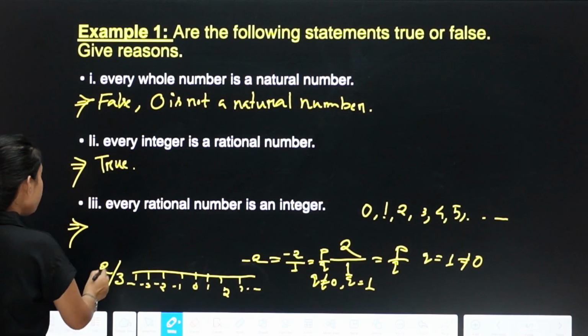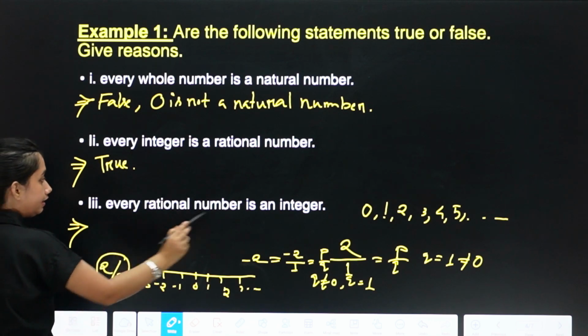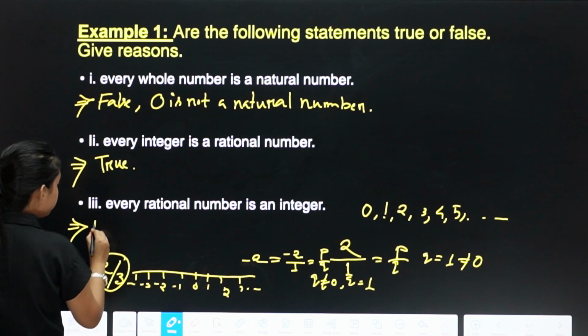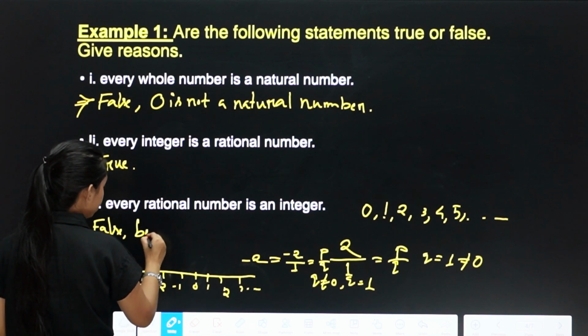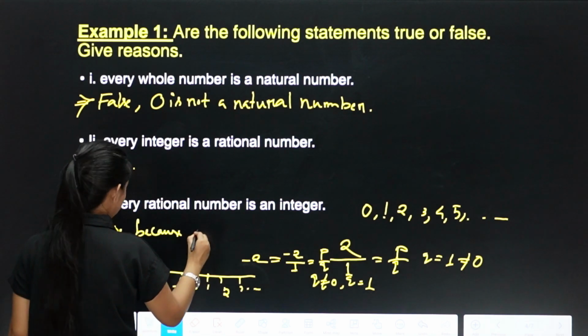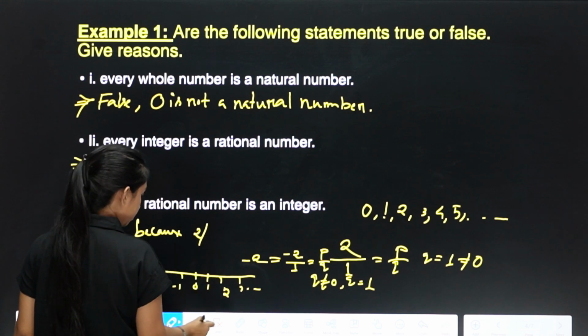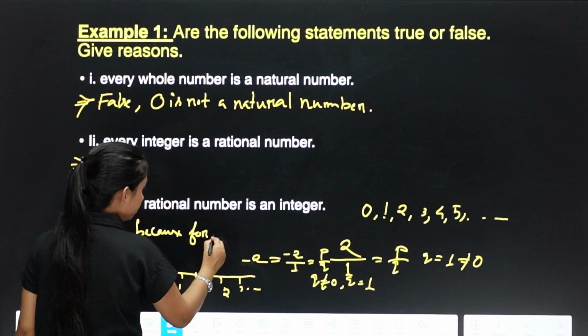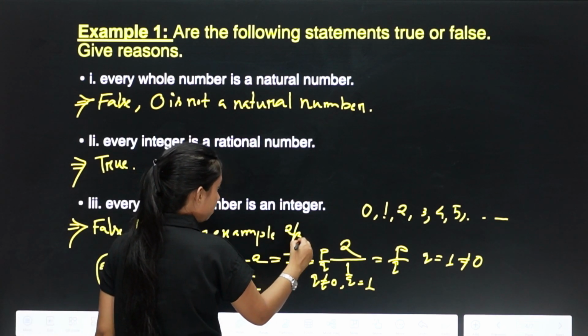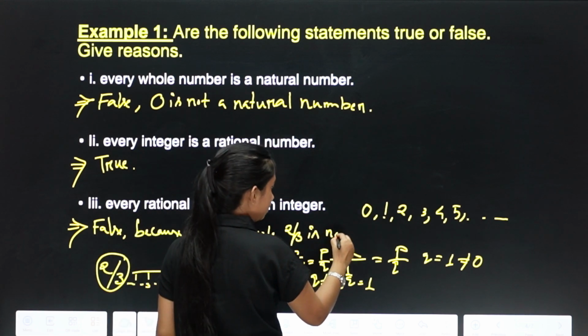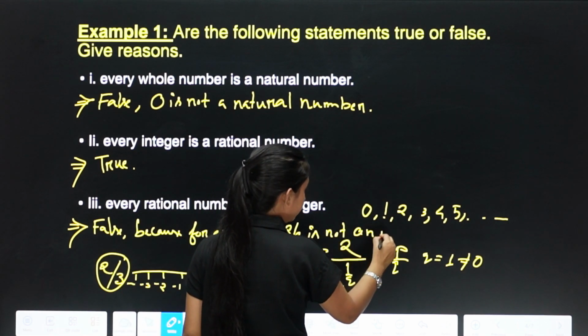So 2 by 3 is not an integer, so the statement is false.